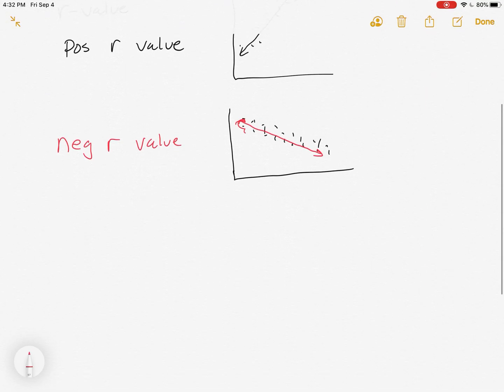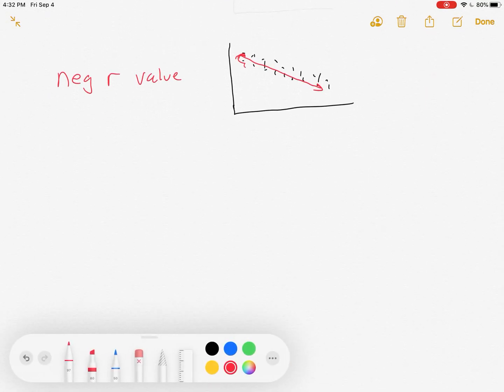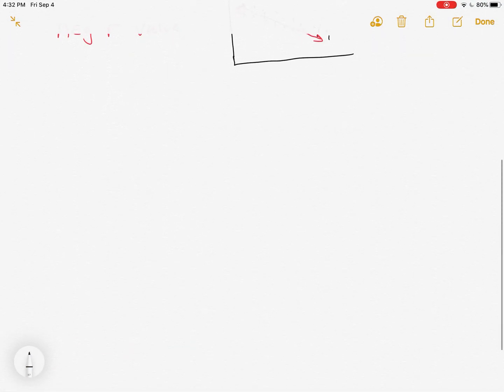The other type of question, and why Chapter 10 is different, is they're going to have you actually calculate the R. They're going to give you pairs of data and ask you to calculate the R value. That's going to take a little bit of time.